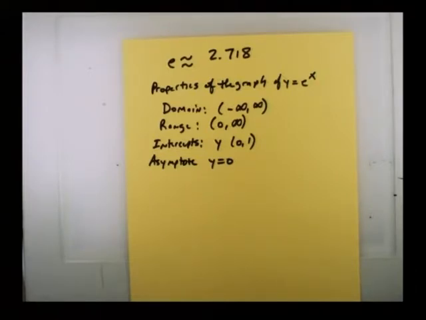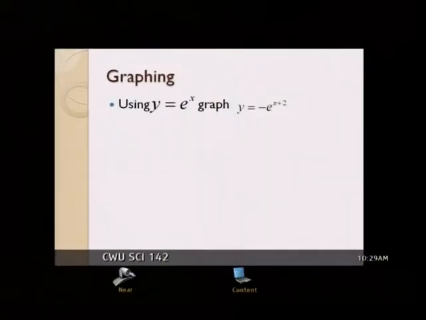Now, as you've noticed probably throughout the pre-calc series, as soon as we introduce a new function, we talk about translations of it. So we're going to hit transformations, translations. Let's take a look at an example on the PowerPoint. Let's use the graph of y equals e to the x to graph the function y equals negative e to the x plus 2.